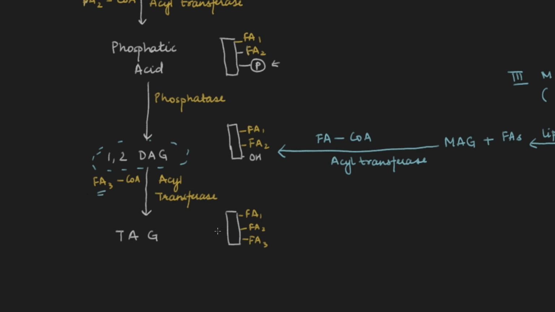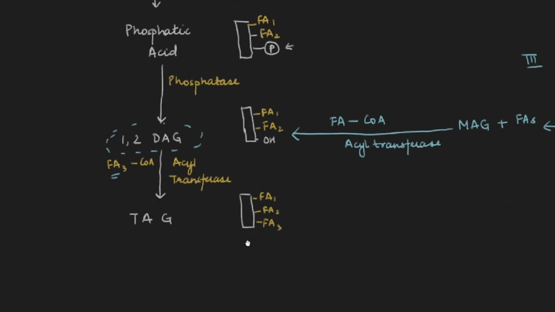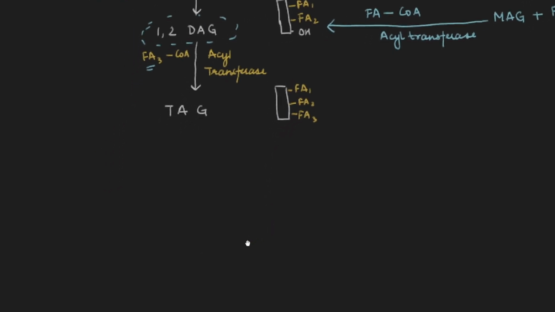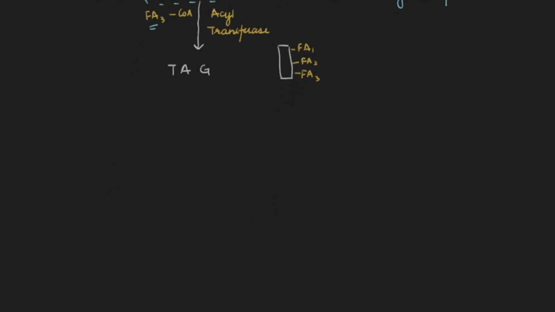There is one more pathway, the fourth pathway, where triacyl glycerol is being synthesized from two diacyl glycerol molecules. So, diacyl glycerol plus diacyl glycerol. Remember that diacyl glycerol has two fatty acids attached to it.